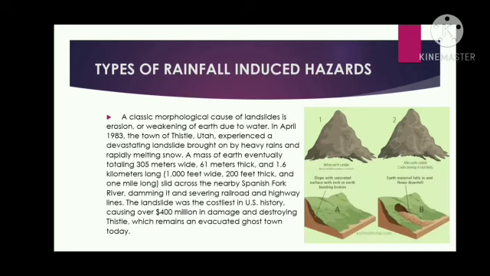A classic morphological cause of landslide is erosion, or weakening of earth due to water. In April 1983, the town of Thistle, Utah experienced a devastating landslide brought on by heavy rains and rapidly melting snow.